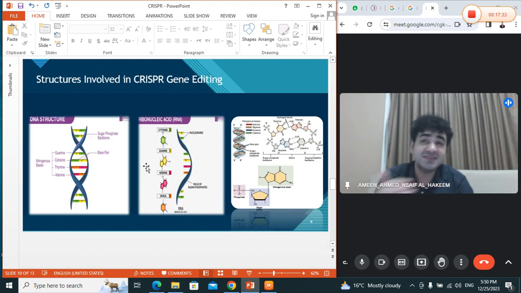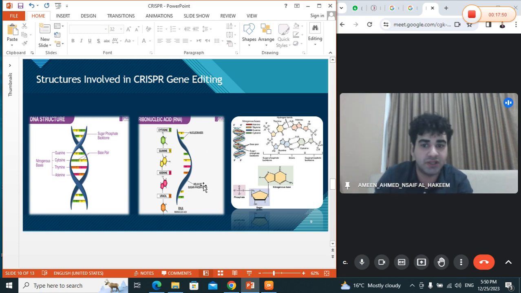However, this is a structure involved in CRISPR gene editing, in DNA and ribonucleic acids, the RNA, as well as the nucleotides. As we can see, it talks about guanine, cytosine, thymine and adenine.